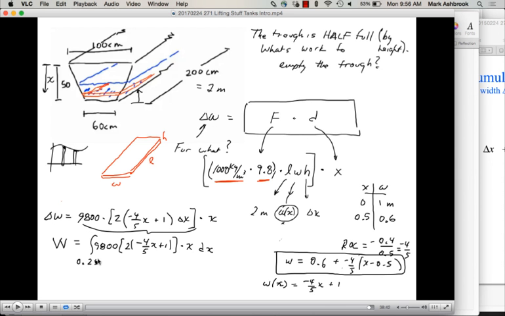The first layer is at 0.25, and then I want to sum up the work for all the layers all the way till x equals 0.5. Those bounds of integration represent the first and last layers of water that I want in terms of x. The first layer I want is the 0.25 at the top, and the last one I'm going to take out is the layer at 0.5.